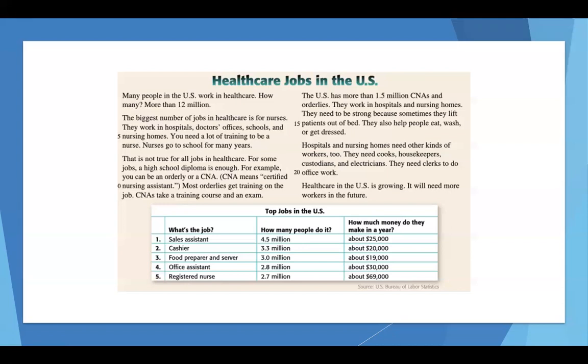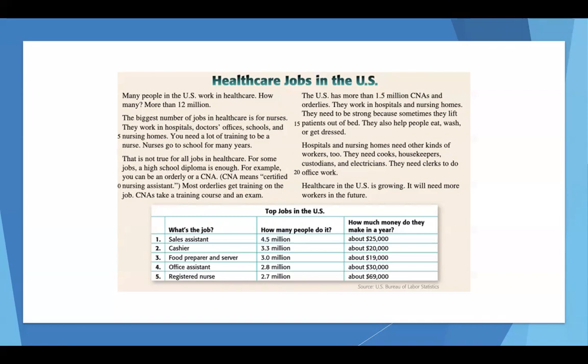They need to be strong because sometimes they lift patients out of bed. They also help people eat, wash, or get dressed. Hospitals and nursing homes need other kinds of workers too. They need cooks, housekeepers, custodians, and electricians. They need clerks to do office work. Healthcare in the US is growing. It will need more workers in the future.